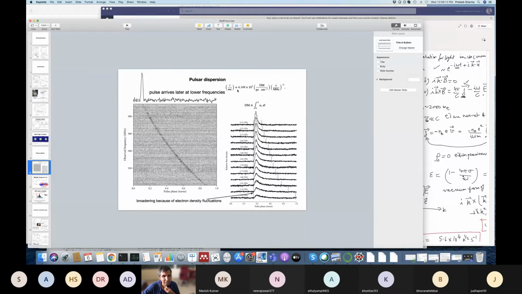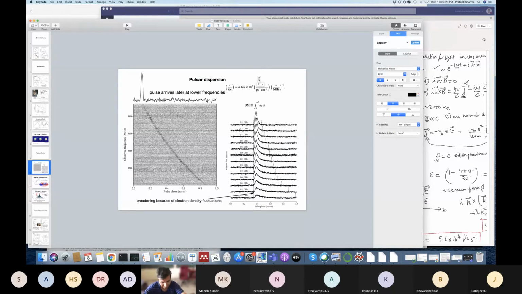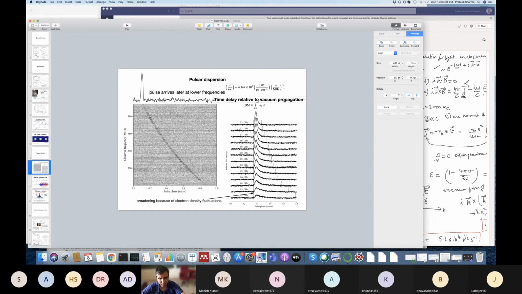Perhaps this is the time delay relative to vacuum propagation, right? So this is time delay relative to the vacuum propagation measured in seconds.